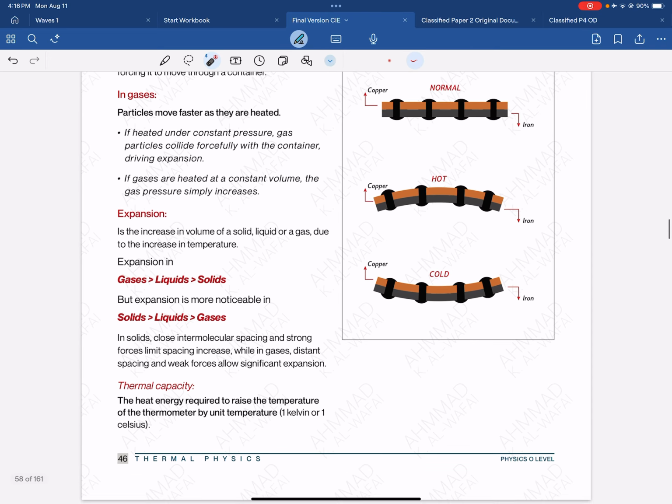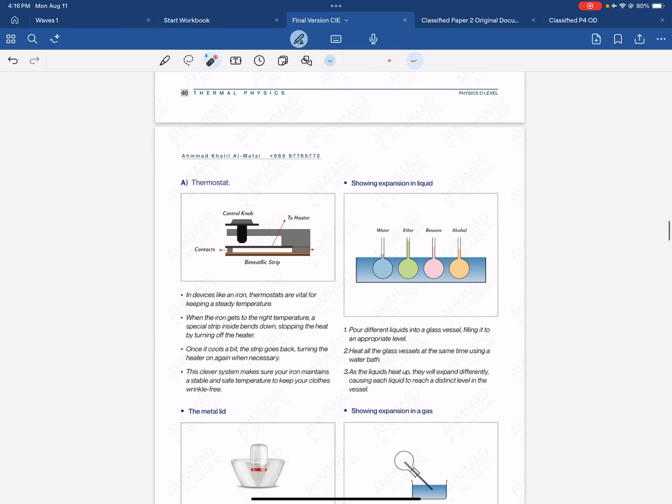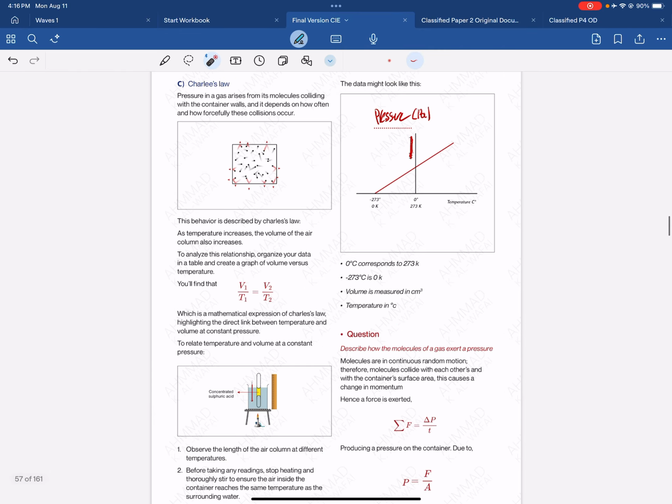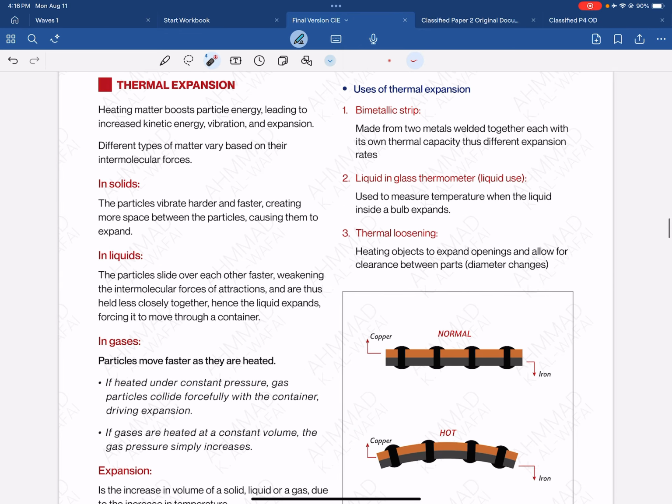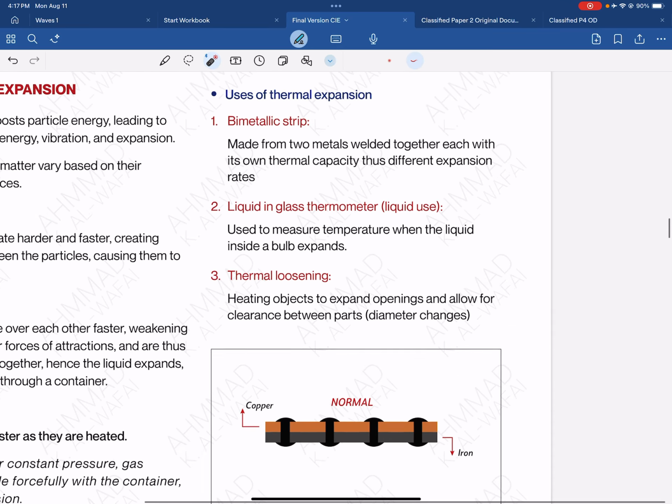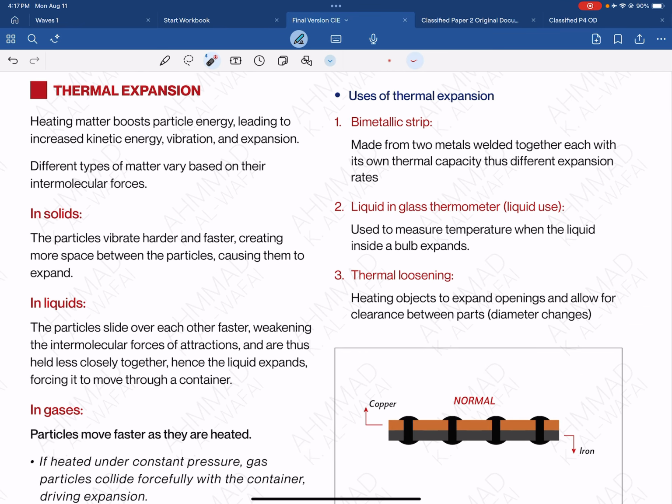This can happen in a lot of applications. If you look at these applications, we can use it as a bimetallic strip. We use it to create thermometers, and something called thermal loosening, where you change the diameter or dimensions of some elements using thermal energy, and therefore it expands.